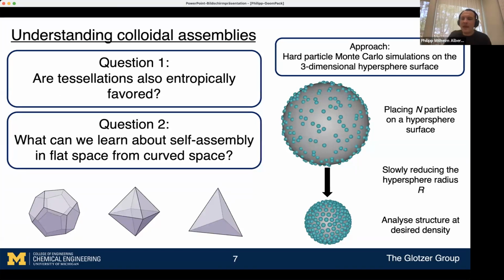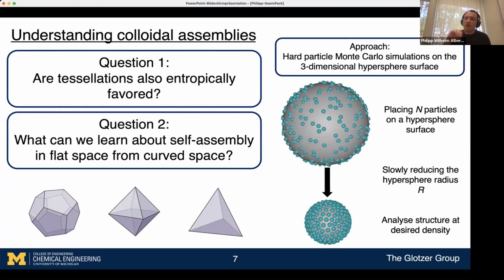So basically, this is the two-dimensional analogue where I placed a number of particles on the hypersphere surface. And then the only rule is that the particles are not allowed to overlap according to their shape.